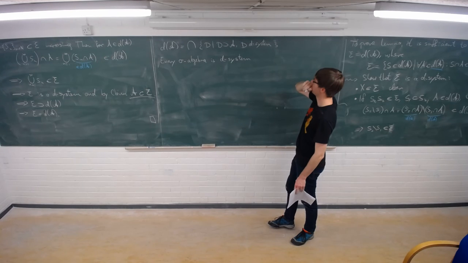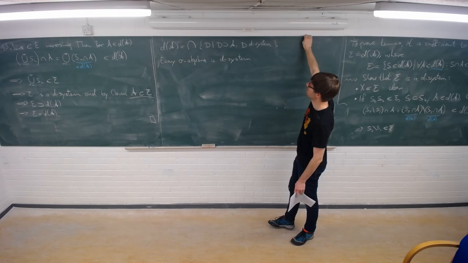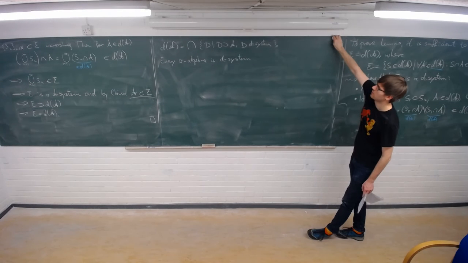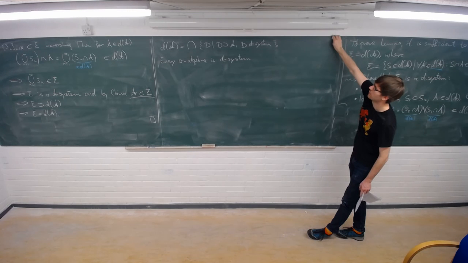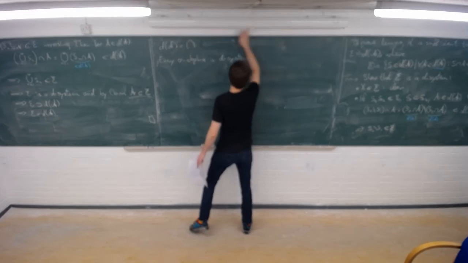Like, it's the intersection of D systems, not sets of D systems, right? Maybe. I'd have to say I'm blind at the moment. I mean, we can write it like this if you want.